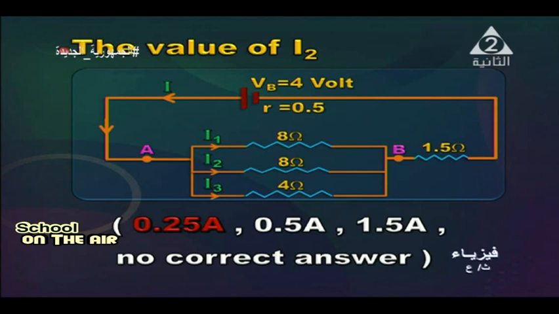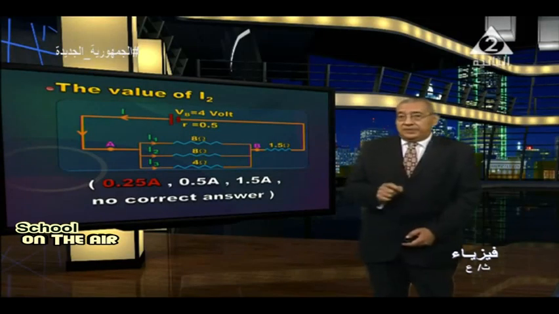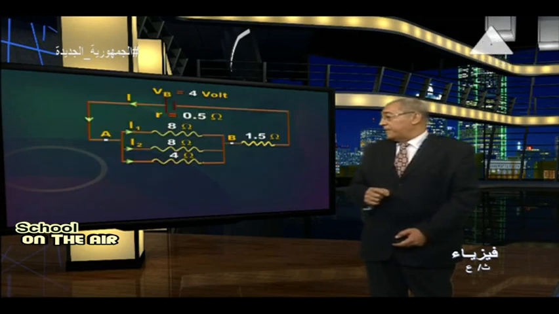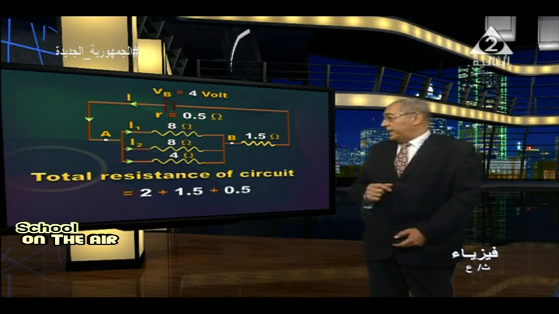It is 0.25 ampere. First of all, we need to calculate total resistance and current through the battery. We'll do it one by one. Total resistance: 8 and 8 and 8 connected in parallel will give a resistance of 2, plus 1.5 plus 0.5, so it is 4 ohm.